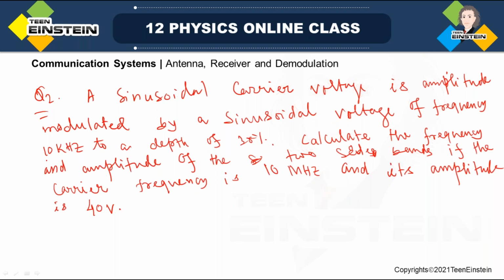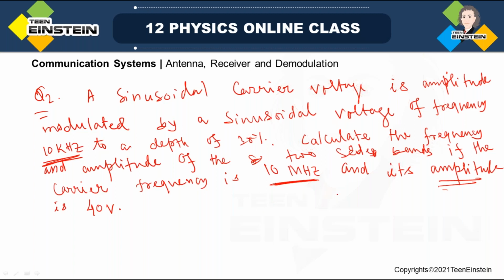Okay, so a sinusoidal carrier voltage is modulated by a sinusoidal voltage of frequency 10 kilohertz. That means the original message signal is this one, 10 kilohertz frequency. That is also a sinusoidal one, and this is the carrier frequency, 10 megahertz, and its amplitude is 40 volt. The amplitude of the message signal is not given.